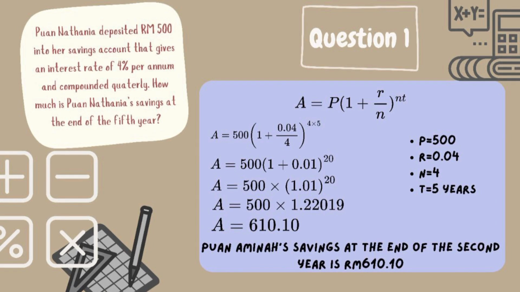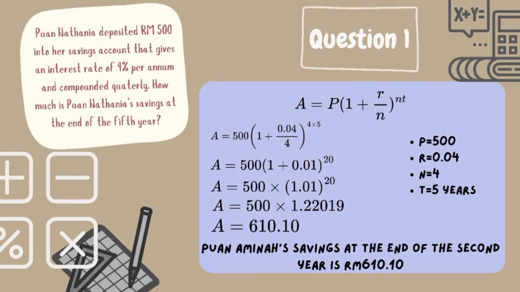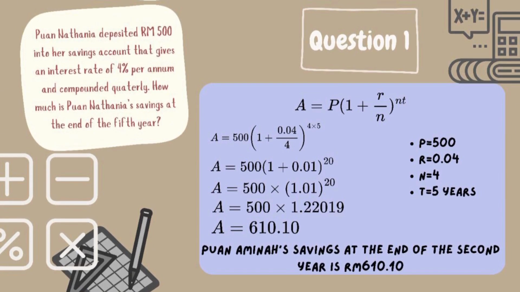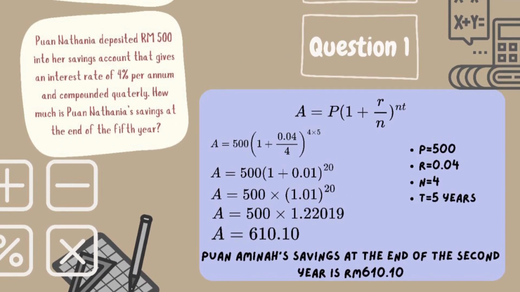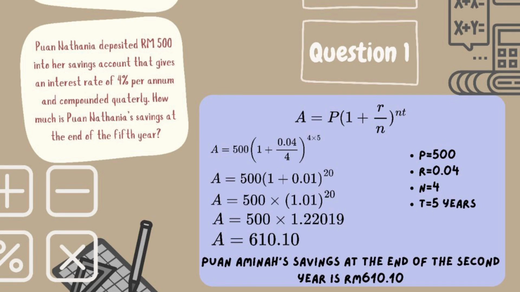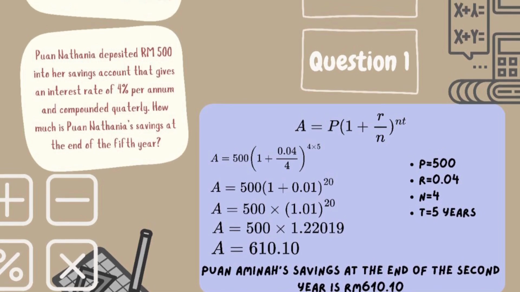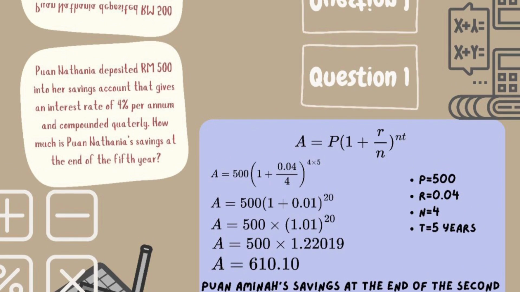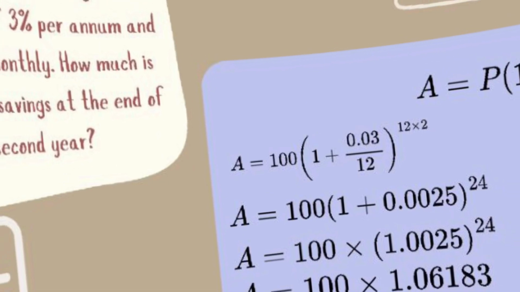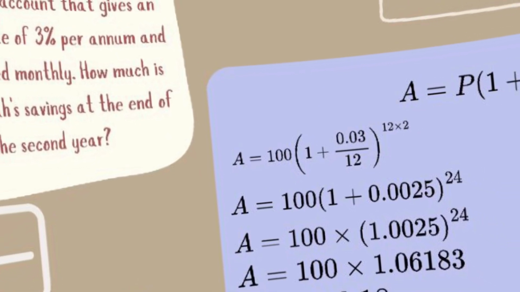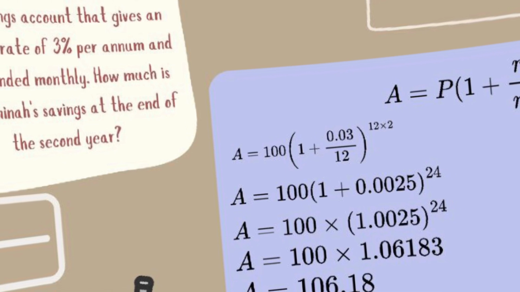The calculation gives A equals 500 times (1 plus 0.01) to the power of 20, equals 500 times 1.22019, equals Rm 610.10.